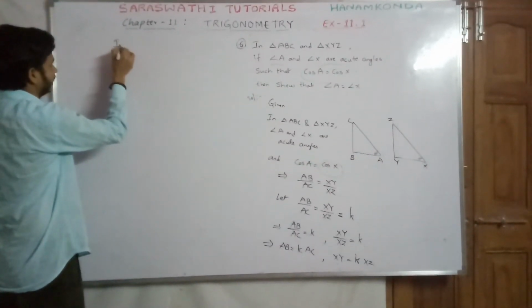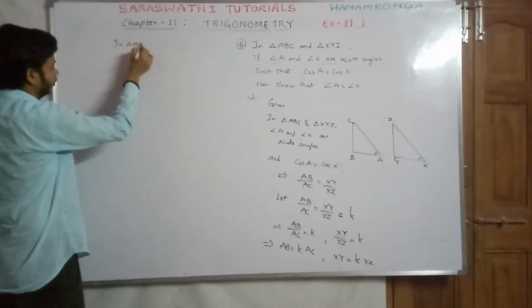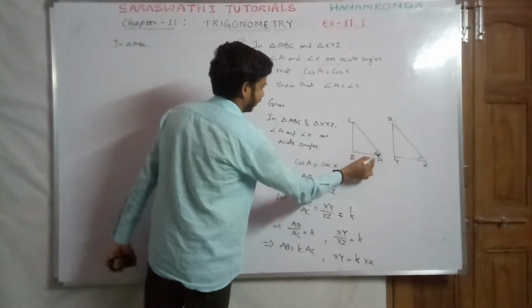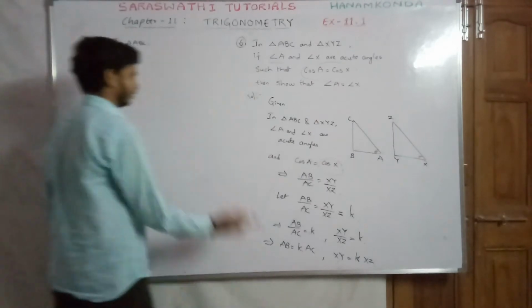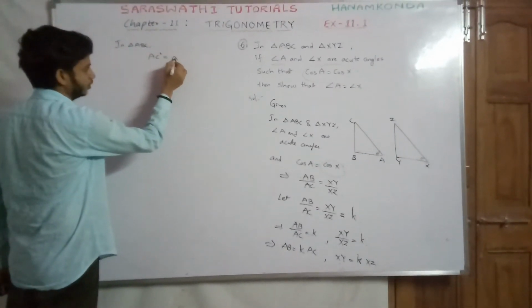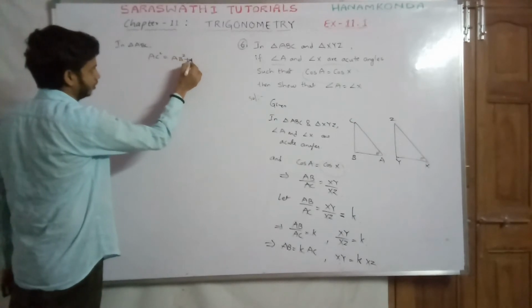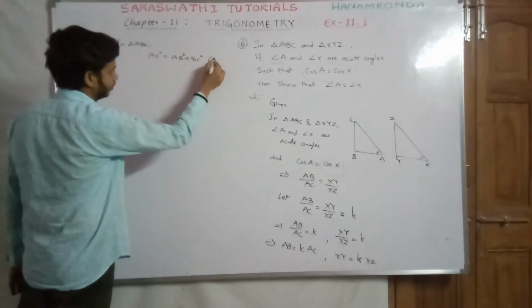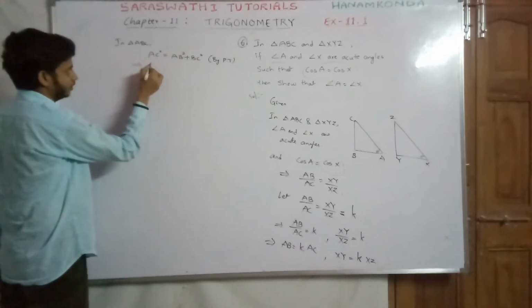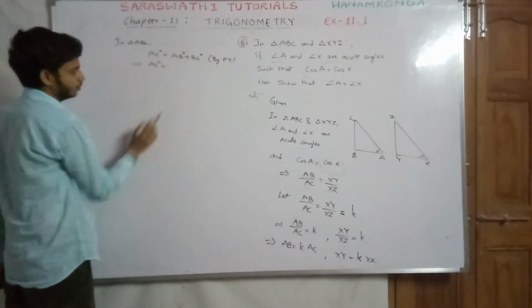So now in triangle ABC, since it is a right angle triangle, if we apply Pythagoras theorem, AC square equals AB square plus BC square.